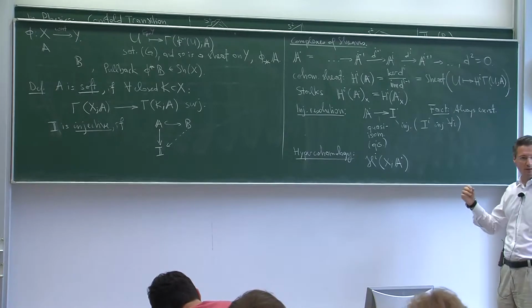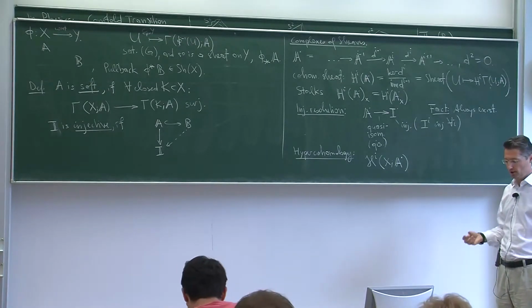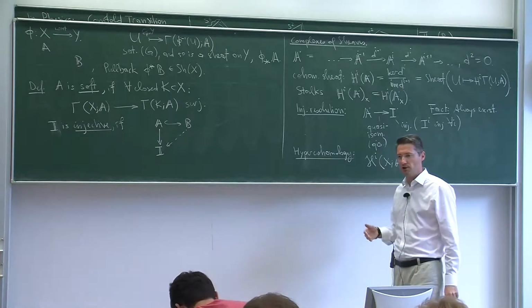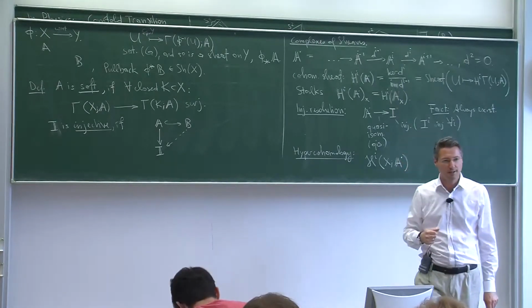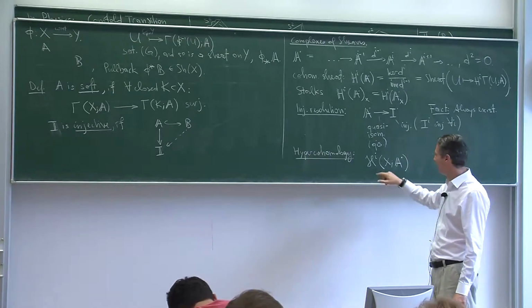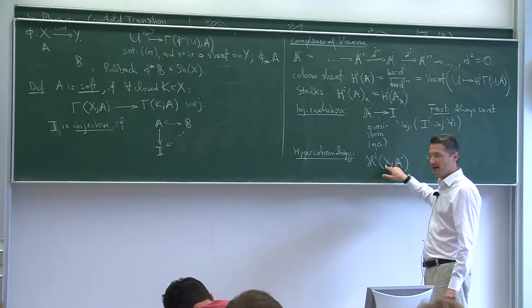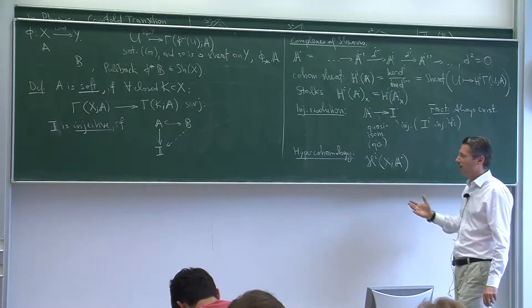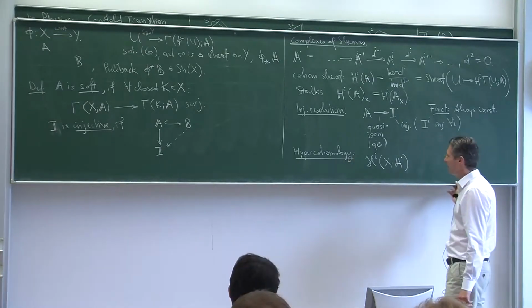So this is a generalization of sheaf cohomology. Usually you define the cohomology of X with coefficients in a single sheaf, but the word hyper refers to the fact that now you are defining the cohomology of X with coefficients in an entire complex of sheaves. That's why people say hyper, you know.